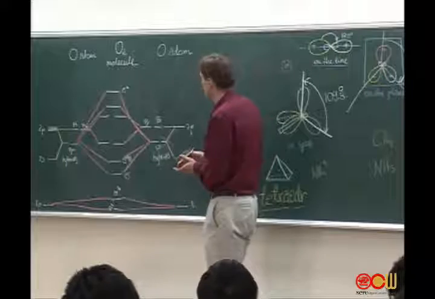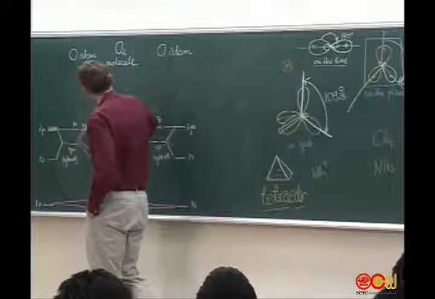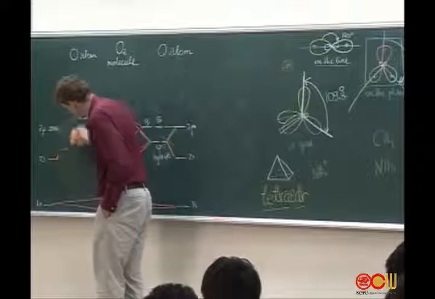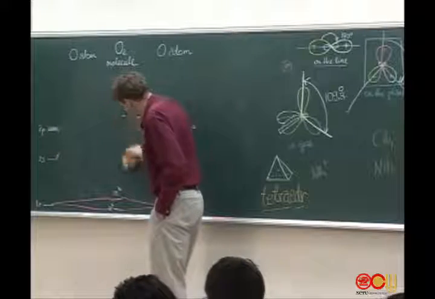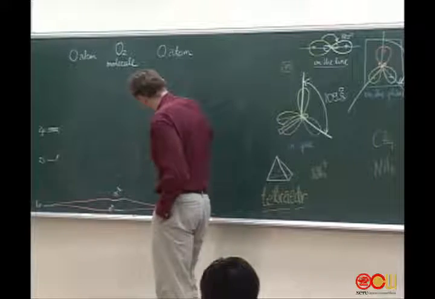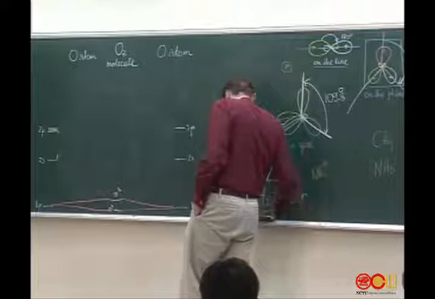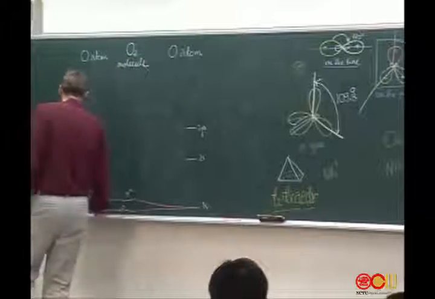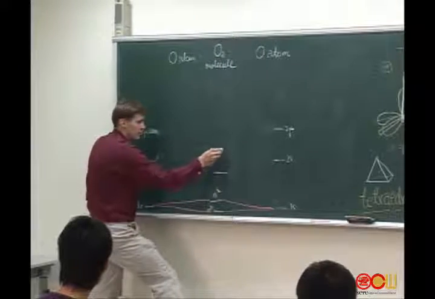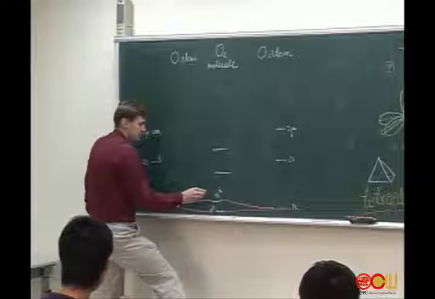So what really happens in this situation is, as I'm drawing now, you don't have the hybridization step. And the 2s and 2s are making sigma and sigma antibonding.